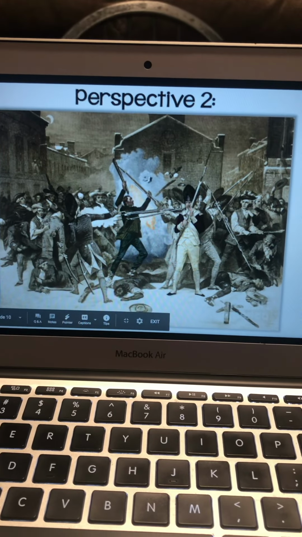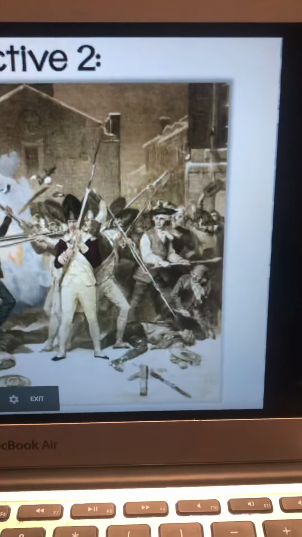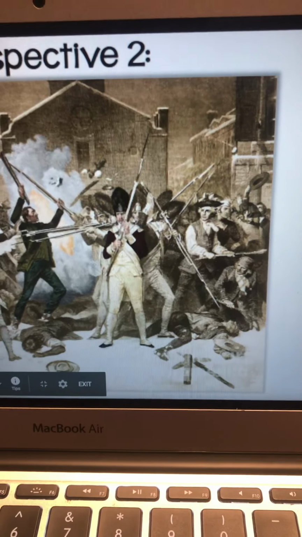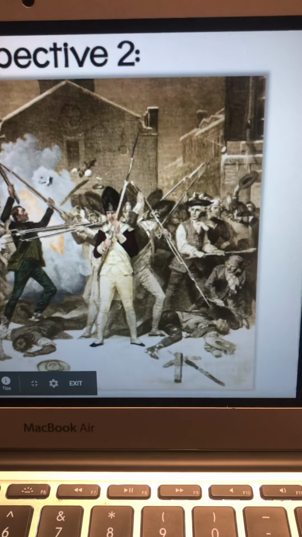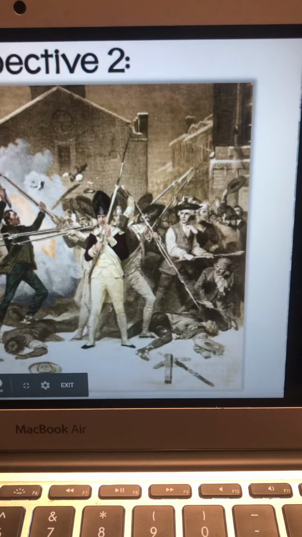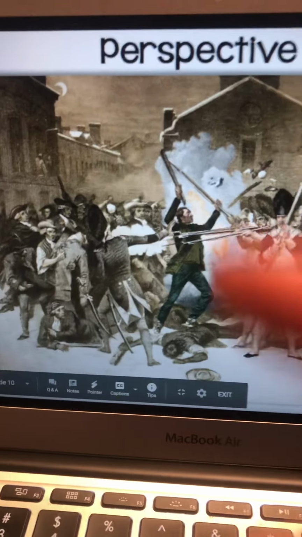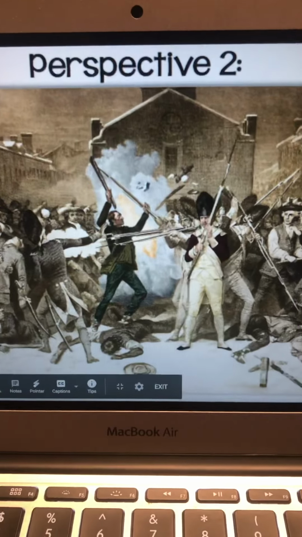Next, we have this perspective. Looks a lot different, right? Look at these guys. This would be the British, just kind of standing there. Are they firing guns? They could be, but they look like they're just holding up their ground. Now this, blue coat, colonists.